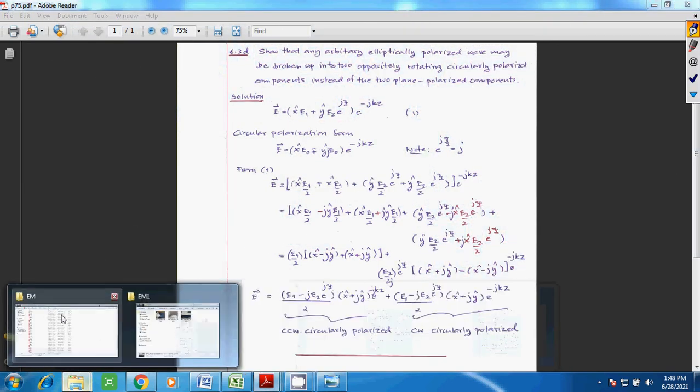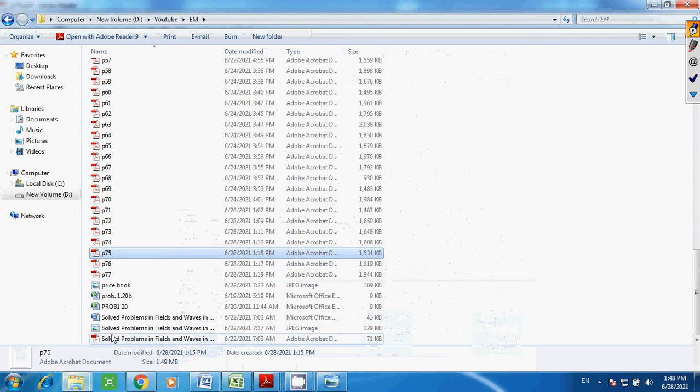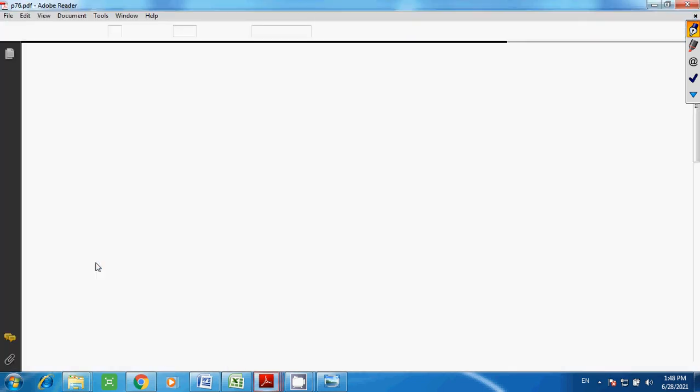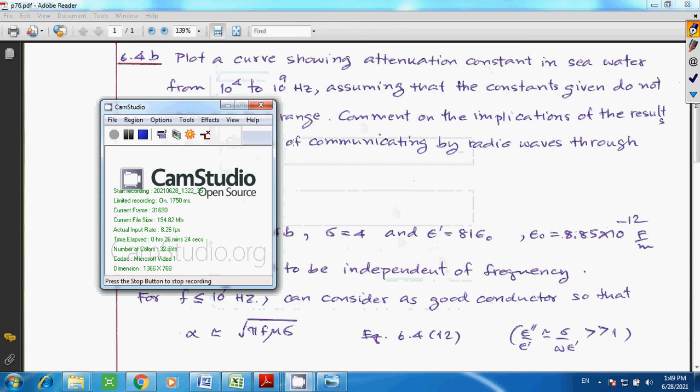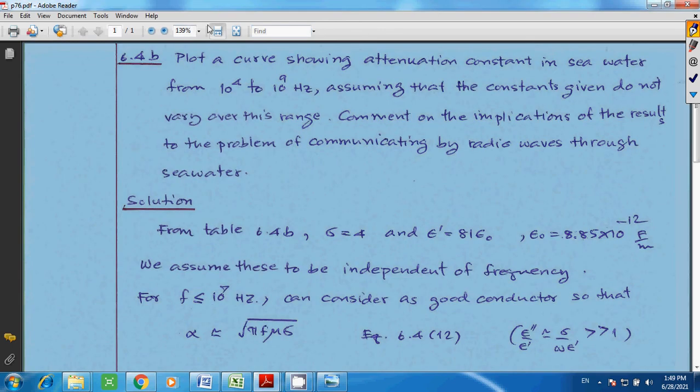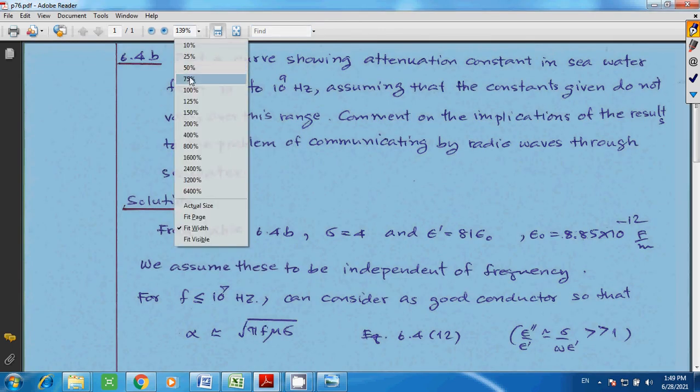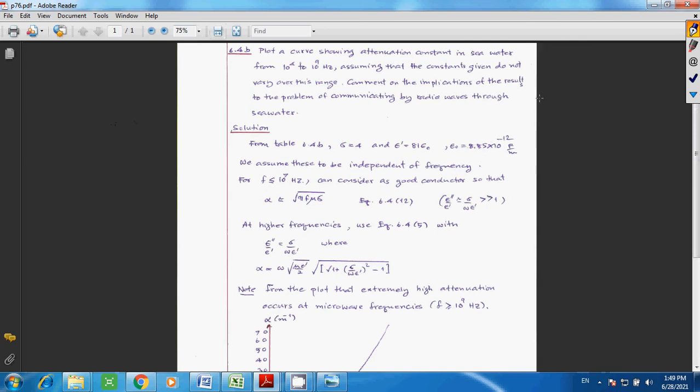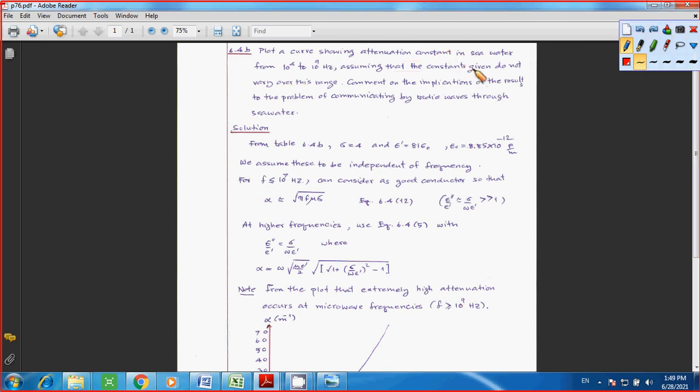Let's go to page number 76. Okay. Problem 6.4b. Plot a curve showing the attenuation constant in seawater from 10 to the 4th to 10 to the 9th hertz, assuming that the constants given do not vary over this range.